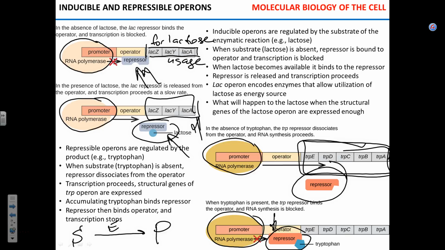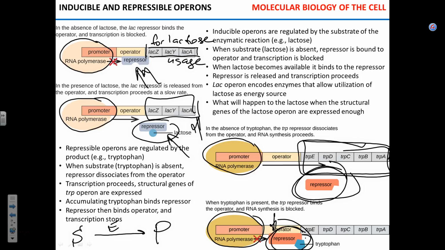When transcription of those genes is stopped, what happens to the levels of the enzymes that make tryptophan? They go down. What happens to the levels of the tryptophan? They go down. When levels of the tryptophan go down, what happens to that complex? It dissociates because there's no tryptophan.